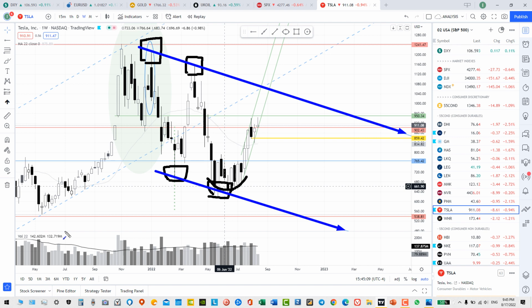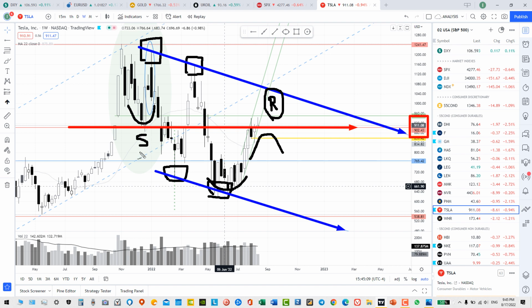It is just moving around a very important monthly support level around $900. Testing this level from the downside is considered a potential resistance, and testing it from the upside is considered a potential support.